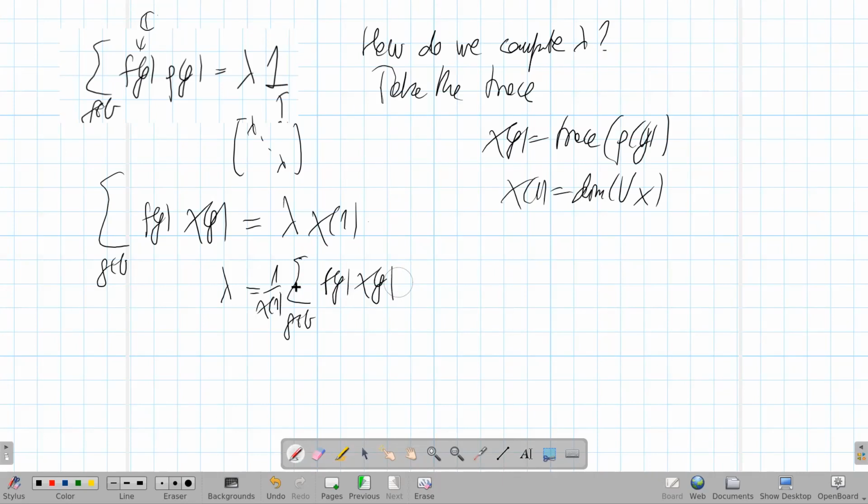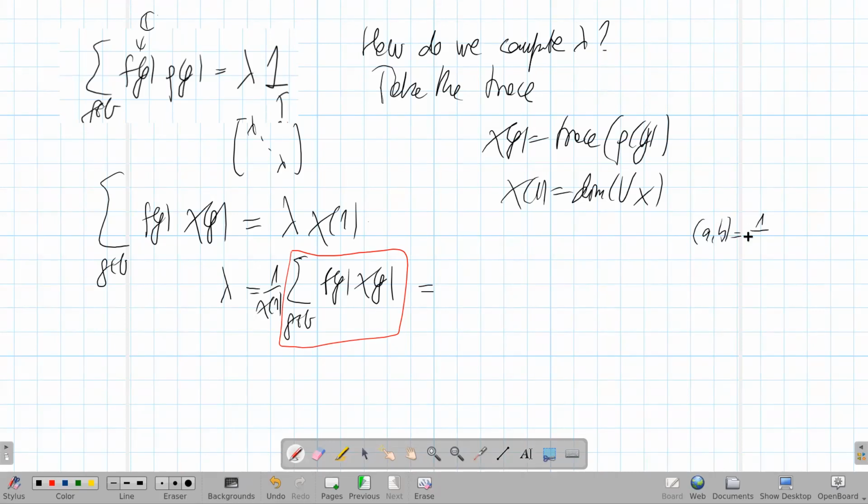Now there is a way of rewriting this part here, because this, you see, is the sum over G of the product of two functions, and both are class functions, and then you can use the scalar product, the inner product of two functions.